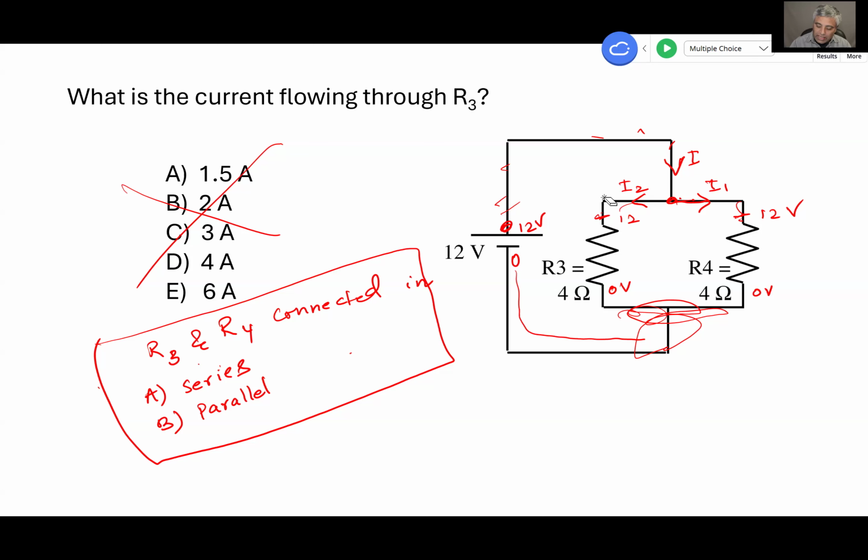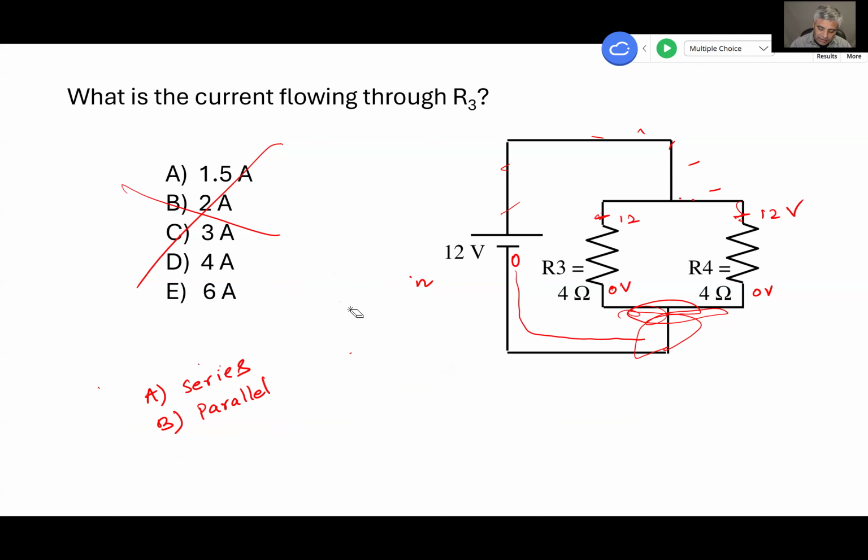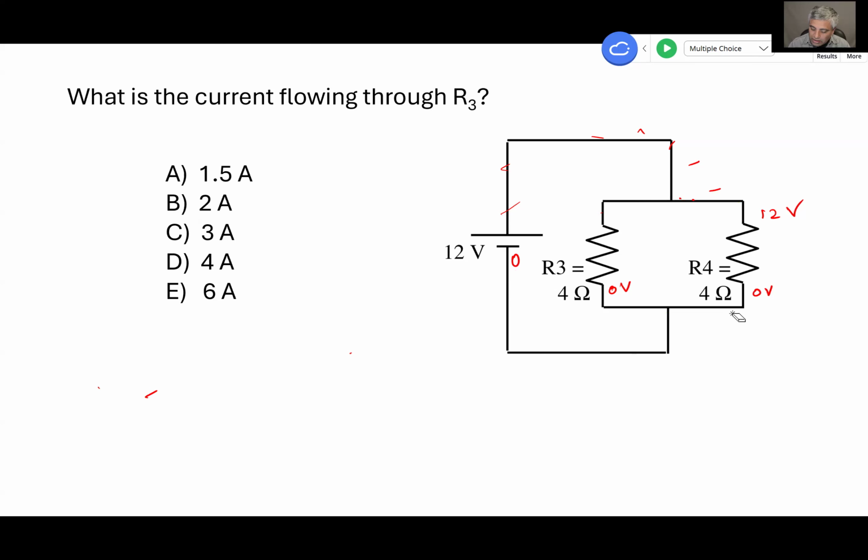Now let's suppose we figured out they are connected in parallel with the battery. What is the current flowing through one of those resistors? Looks like both of them have the same value. So what is this current here? That's what this question is asking about.